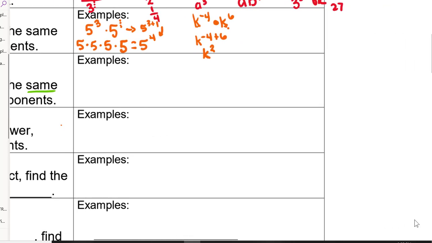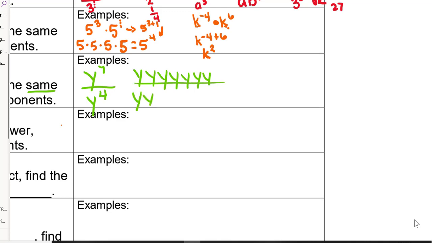Some examples to go with that would be y to the seventh over y to the fourth. Now if I stretch this out to 7 y's divided by 4 y's, y divided by y is 1, y divided by y is 1, y divided by y is 1, y divided by y is 1.